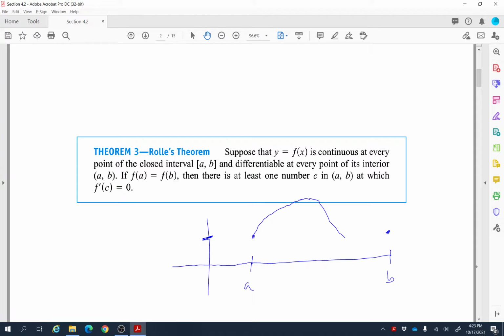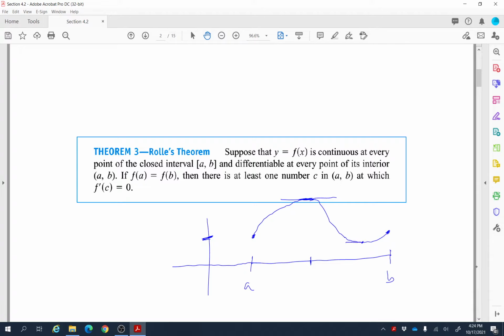Because the values of the function at a and b are equal, after going up or down, it has to go back to this value and connect with that. So by doing that, if you look at this point, let's say this point C, and you try to draw the tangent line here, that is actually a horizontal tangent line.